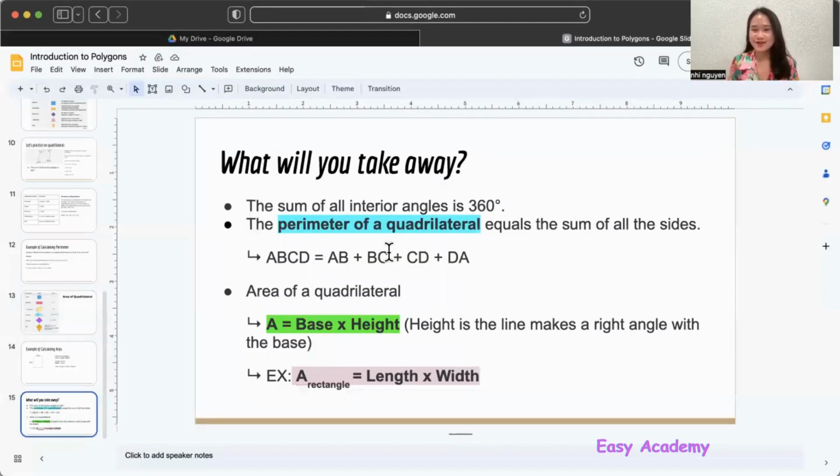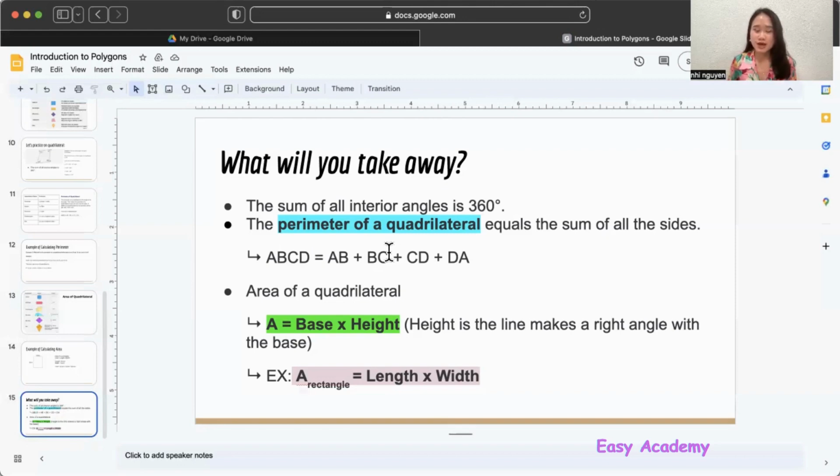That is all for the lesson today. Before we say bye, let's review. There are 3 points that I want you to take away from our lesson today. First, some properties of a quadrilateral: it has 4 sides, 4 vertices, 4 angles, and 2 diagonals. An important thing is that all interior angles add up to 360 degrees.